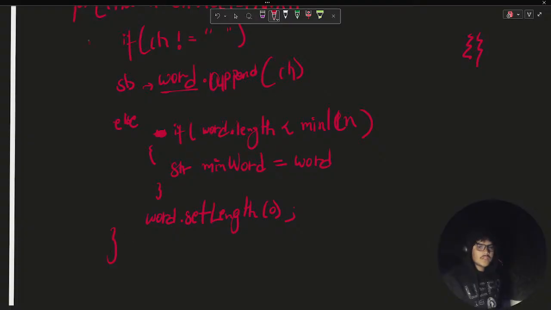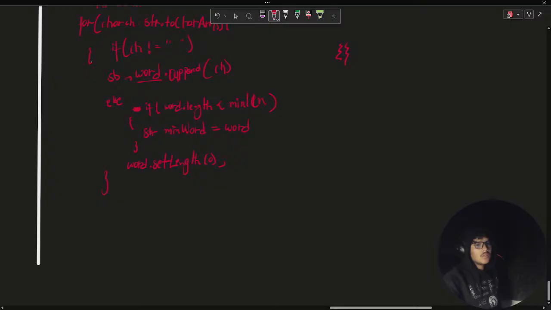Okay, so let's assume we have come out of the for loop, and we know that the last word is already added, so we will compute if the word length is smaller than min length, and also we have to update min length.